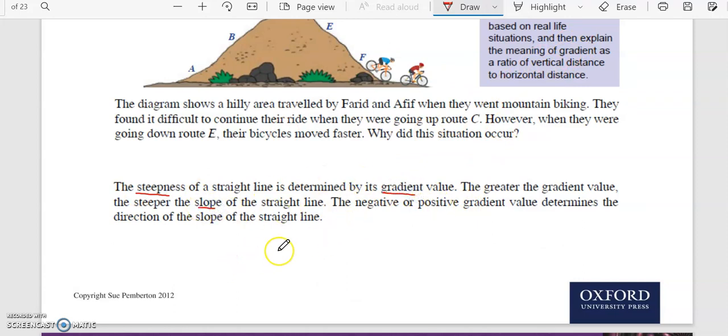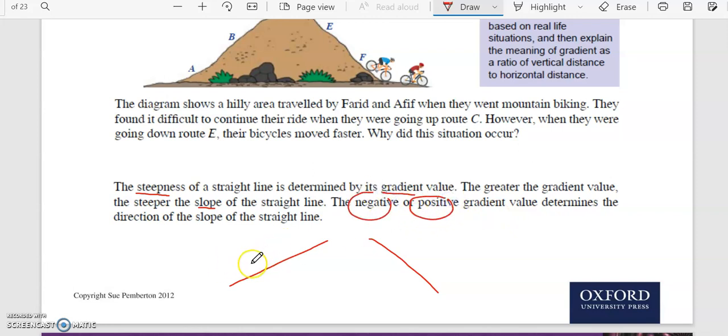Slope of the straight line, maknanya kita ada satu straight line, this is what we call as straight line. So tahap awak nak ukur sengit dia tu, itu ialah slope dia, the slope of the straight line. Negative or positive akan menentukan direction dia.